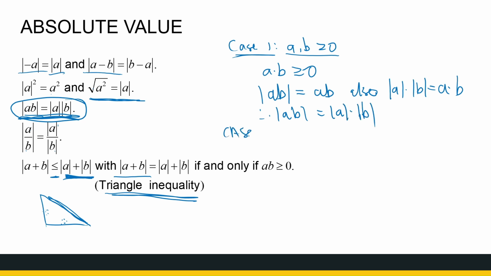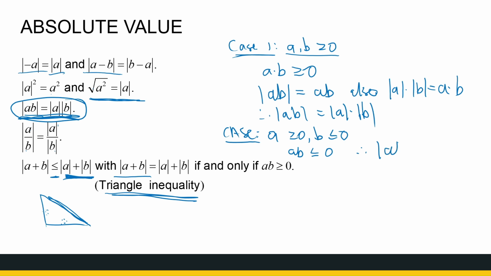But what about the case where A is greater than or equal to 0, B is less than or equal to 0? So if one of them is positive, one of them is negative. Now, without loss of generality, I don't have to look at A negative and B positive. I can just look at this case. Then A times B, if I multiply those two numbers, I'll get something that's less than or equal to 0.